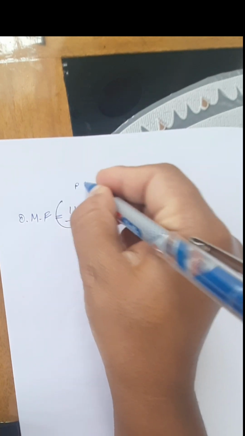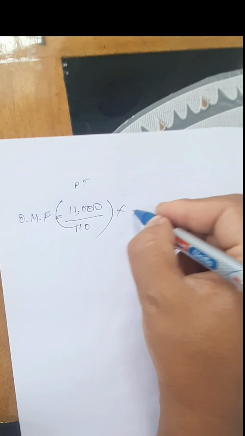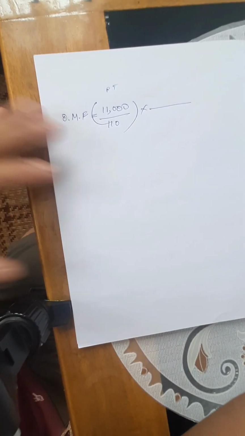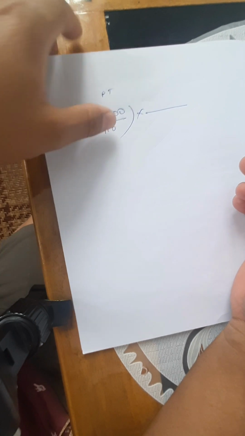The CT depends on the current, which depends on the connected load that the consumer applies for. For example, if he applies for 200 or 300, on the basis of that we calculate the current.